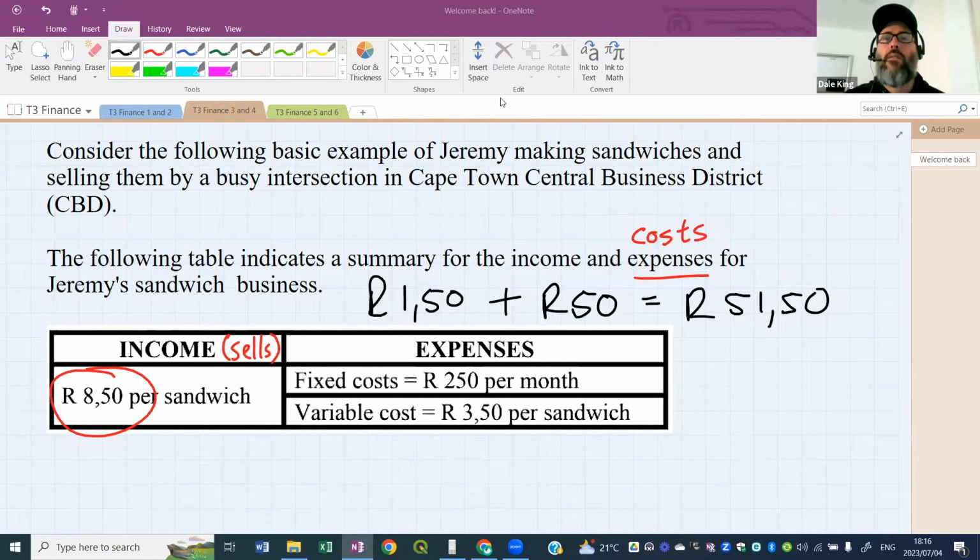And also, we have to check our law of demand. When we increase our prices, our demand might decrease due to the increase of the price.